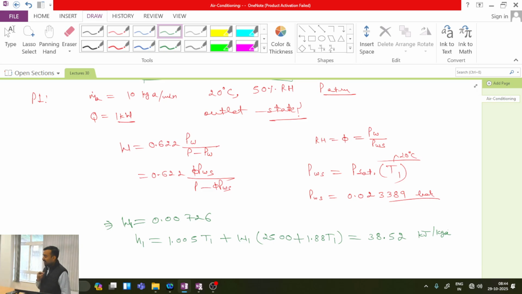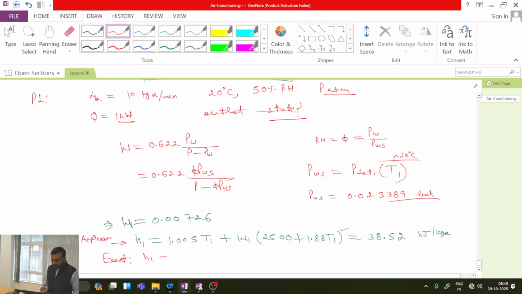Now, because I have just used the steam table, this equation is typically considered the approximate equation for estimation of enthalpy. It is approximate because we have made certain assumptions: Cp is constant in vapor, and latent heat of vaporization is 2500. If I am referring to the steam table, can I calculate the exact enthalpy for this case?